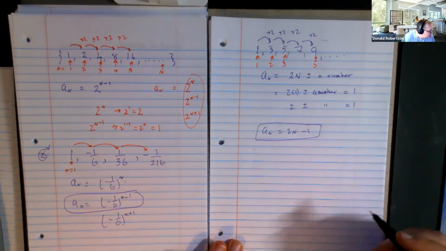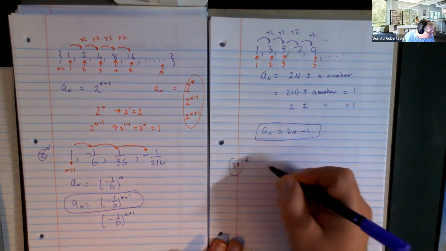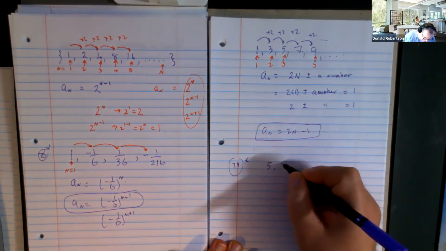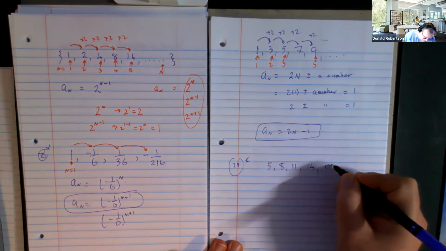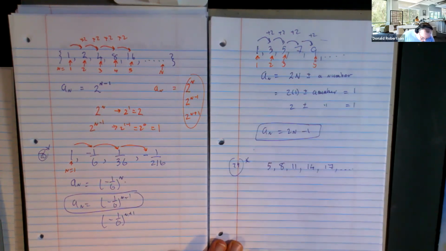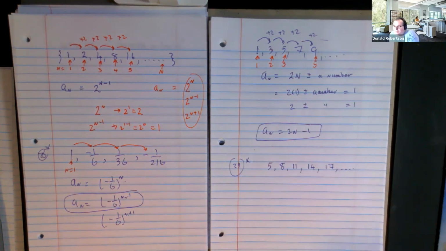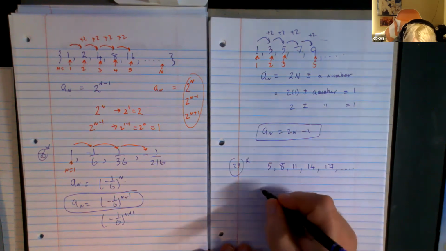So this is an example now, our last one, 29. Are we multiplying all the time here or adding all the time? Adding. And what are we adding?